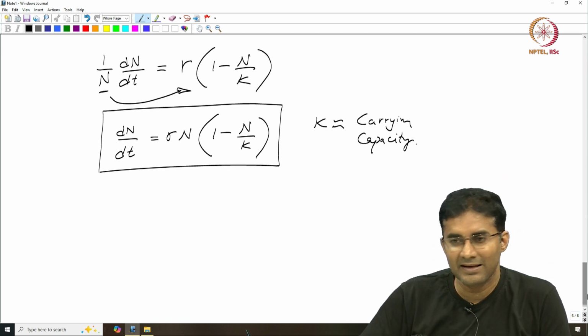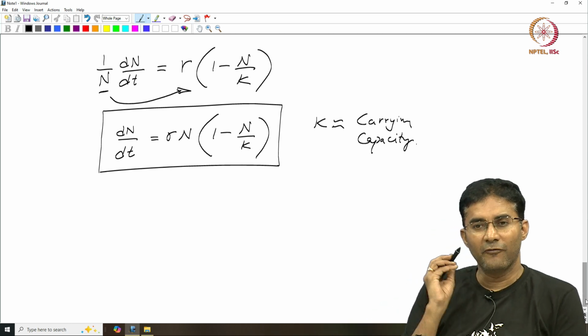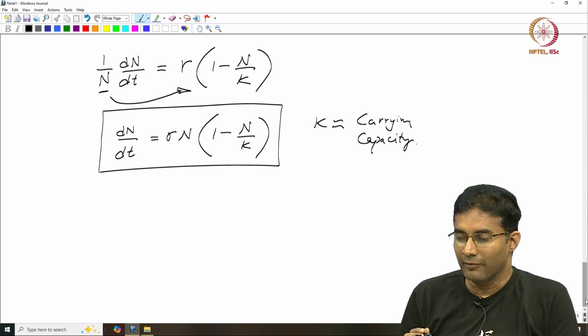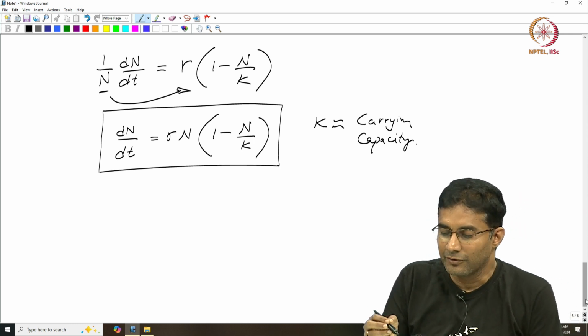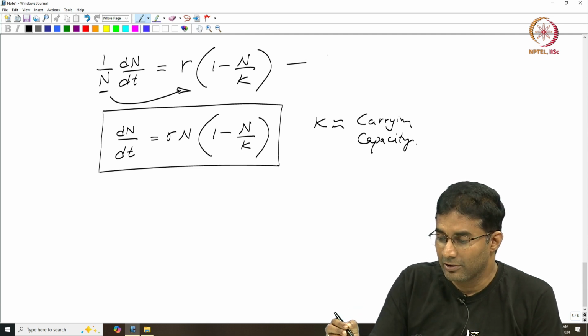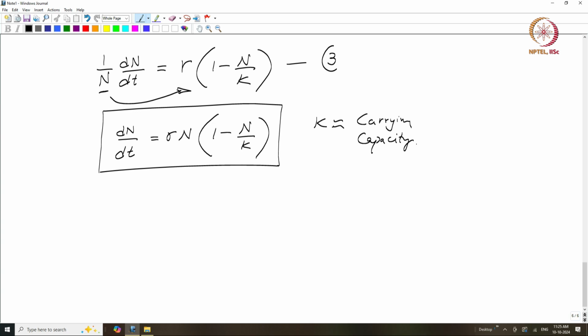So, let us try to understand this. Before we do that, I want to introduce one important point here. Let me call this equation 3, because I think I have used the numbers 1 and 2 up to this point. Let me call this equation 4. First and foremost, equations 3 and 4 are mathematically equivalent. The only difference is how the left hand side and right hand side are written.